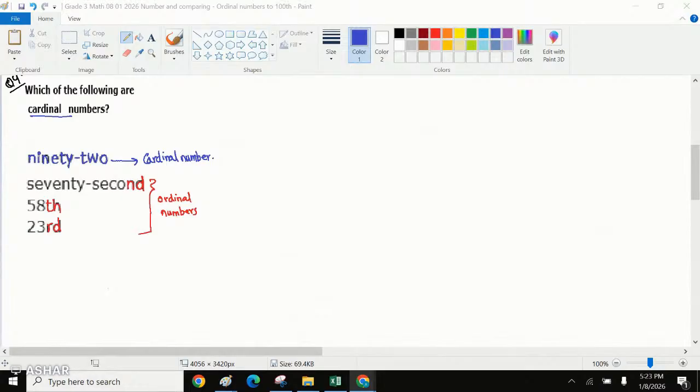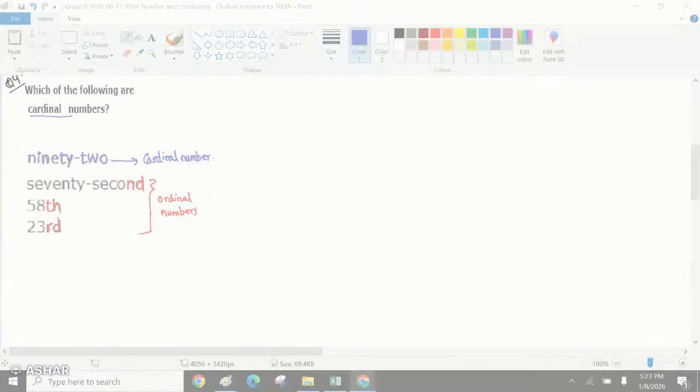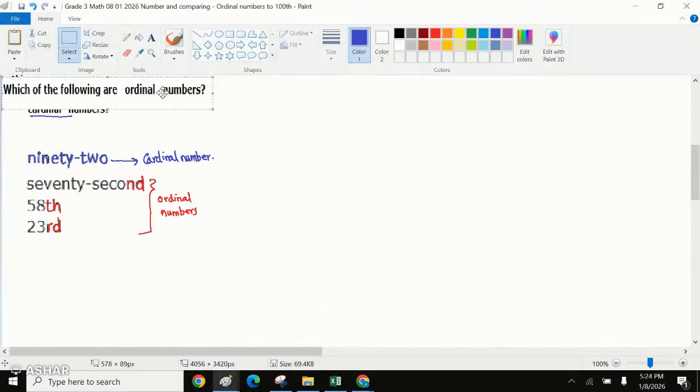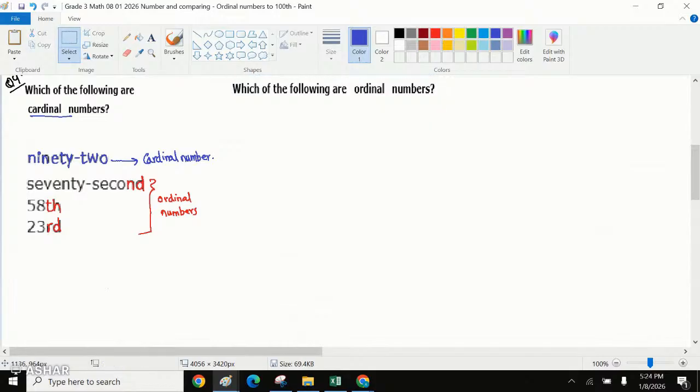The next question says which of the following are ordinal numbers. The question is about ordinal numbers. Let's see what the given options for question number 5 are. I'll just copy the options.